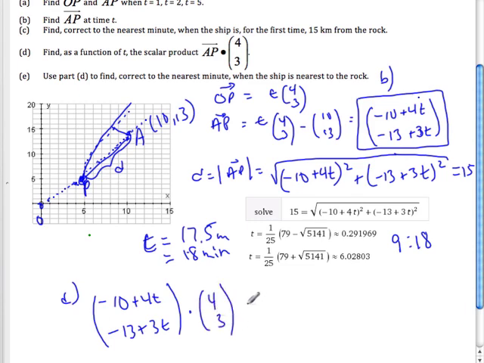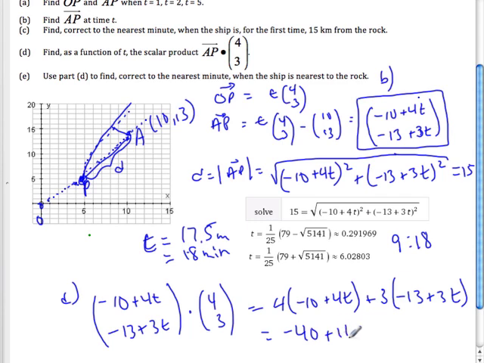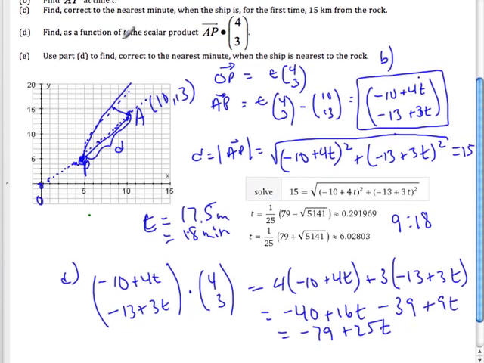So when I do this calculation, I get 4 times (-10 + 4t) plus 3 times (-13 + 3t). Simplifying that, I get -40 + 16t - 39 + 9t, which is -79 + 25t. That is my scalar product as a function of t.